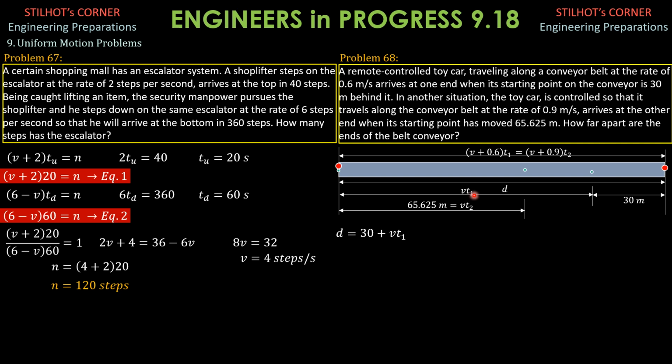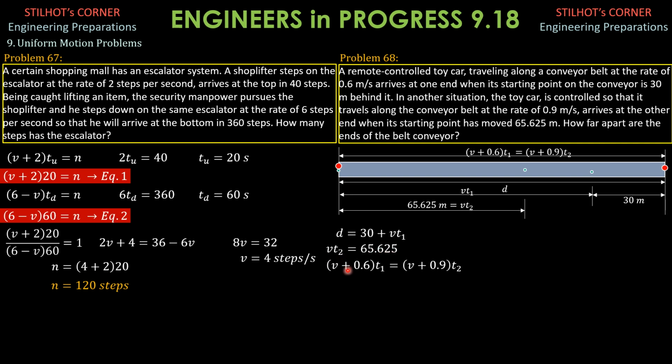And it is also equal to V plus 0.9 times T2. So VT2 is 65.625 from this equation. So equating V plus 0.6 T1 equals quantity V plus 0.9 times T2. And T2 is 65.625 over V.